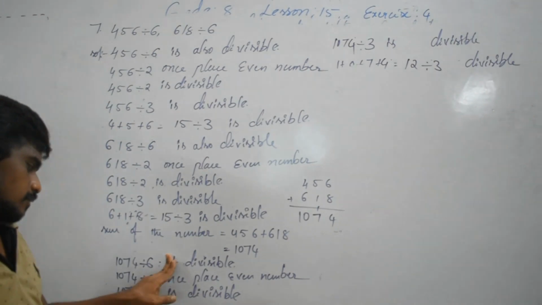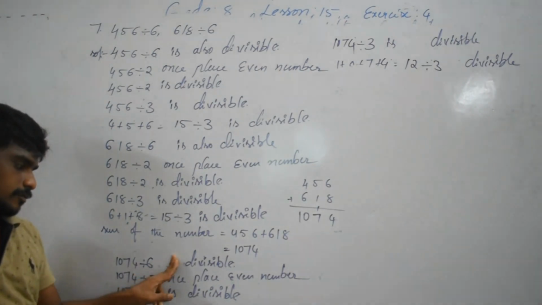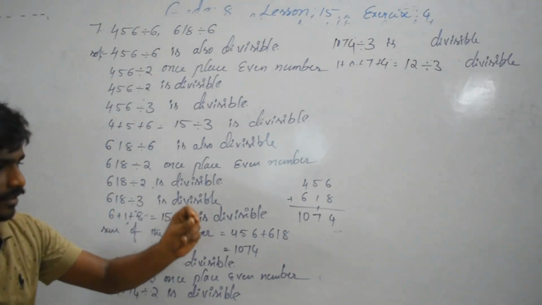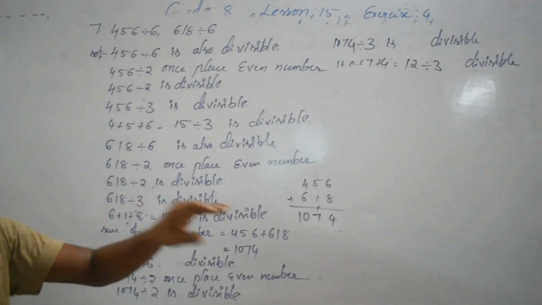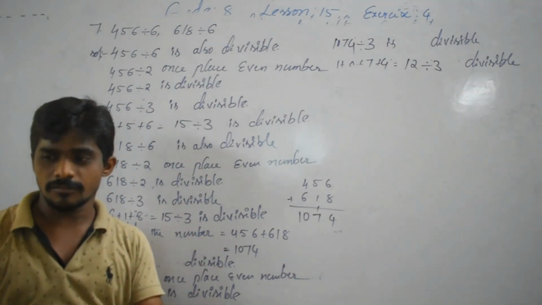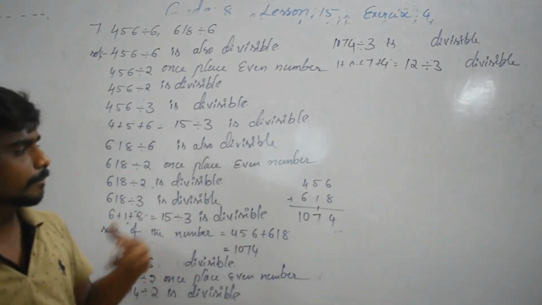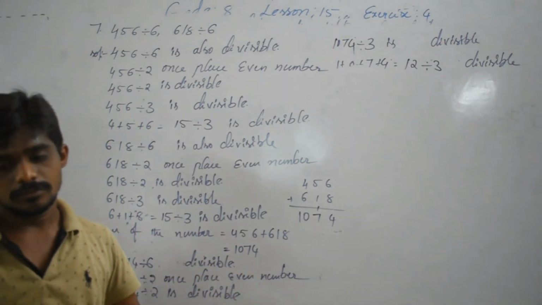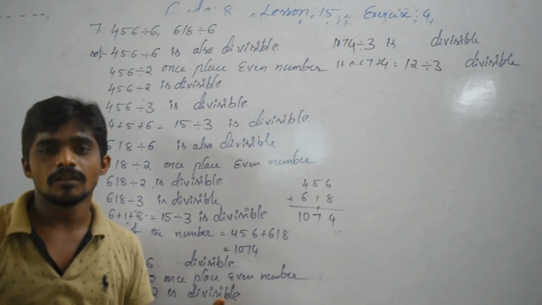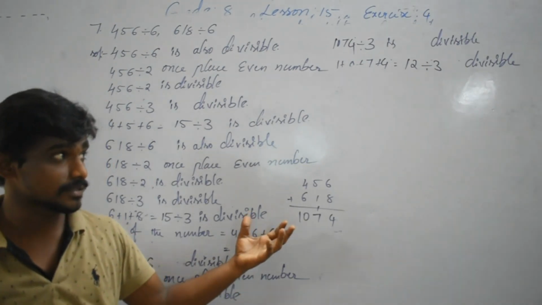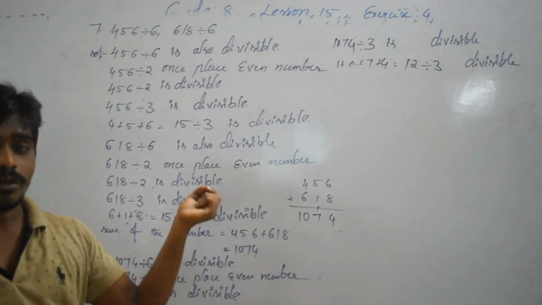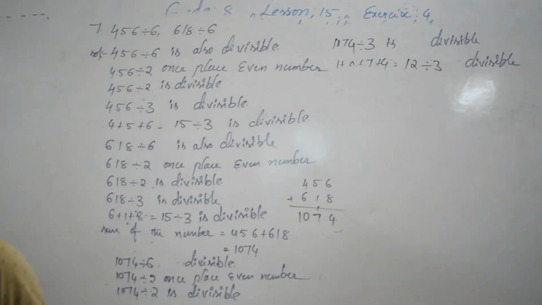So 6 is also divisible. So here any number we write wrong, the whole sum is a mistake. Actually in a running class any student is observing, but here sometimes a mistake happens. So write carefully. If you have any mistake, check and correct it.